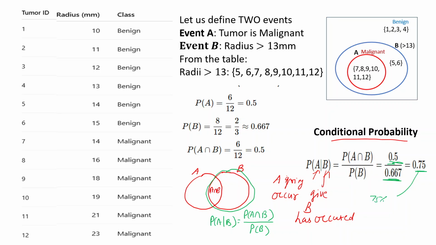That is, whether the tumor is malignant, given the radii is greater than 30, we are telling with the probability of 75%.